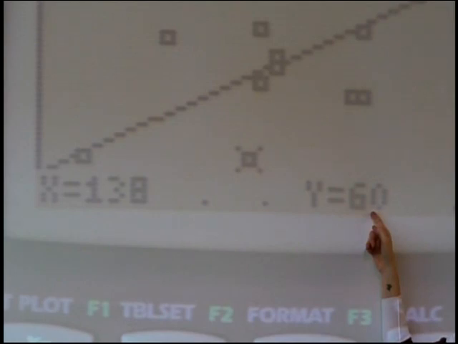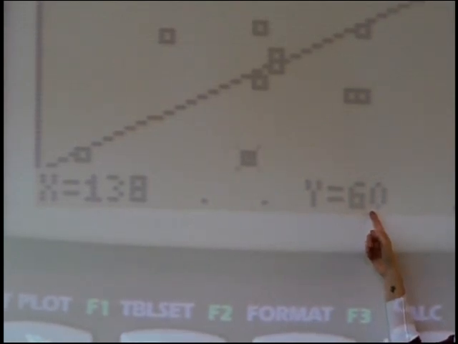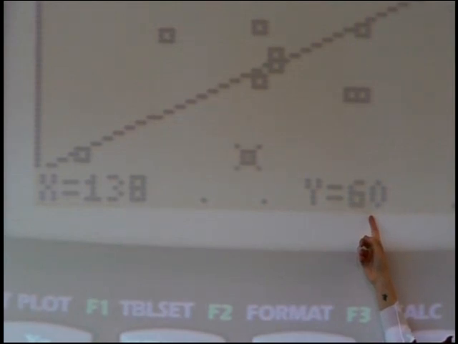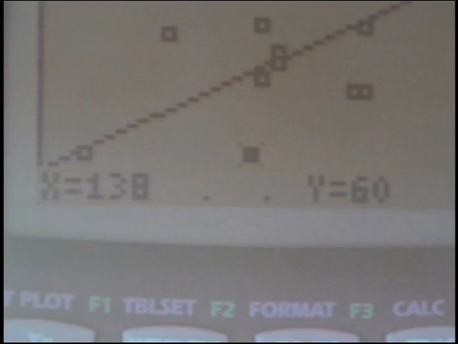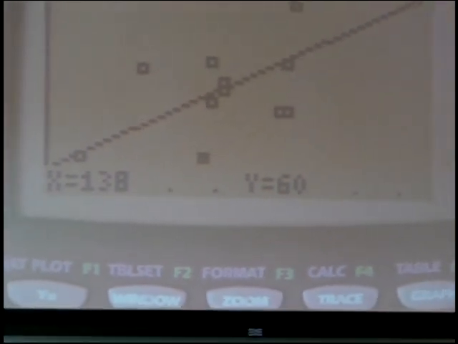Does it make sense that it's the observed Y? Because it comes from the data. You observed it. It's what got recorded. So take that value, write it down, 60. I'll write it down over here.